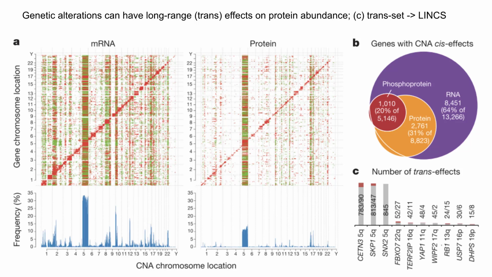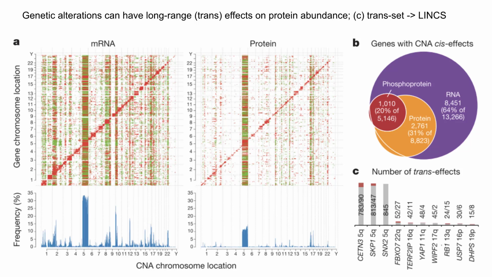And now we can look at the overall effects of copy number changes. In this case, this is where genes have been amplified or deleted, and possible effects on proteins local to the change or remote from the change.